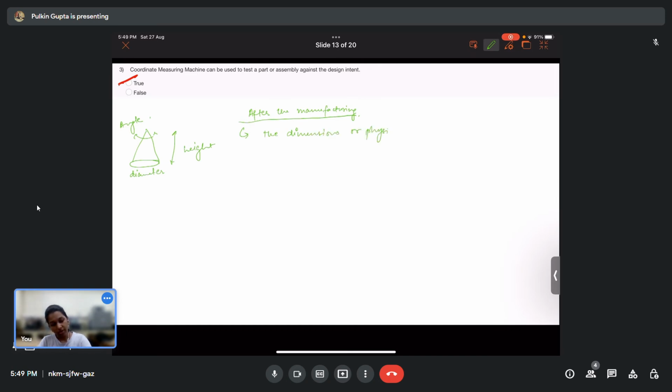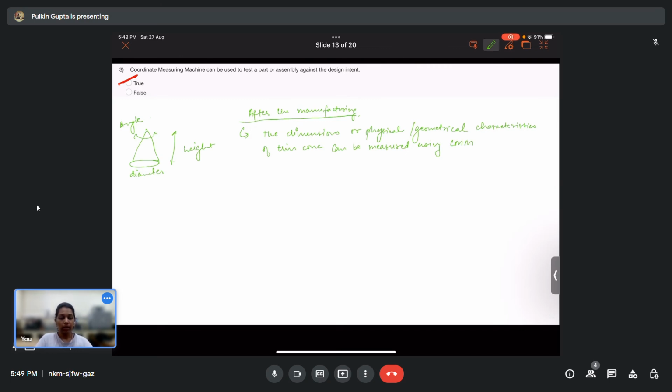or physical and geometrical characteristics of this cone can be measured using the CMM.